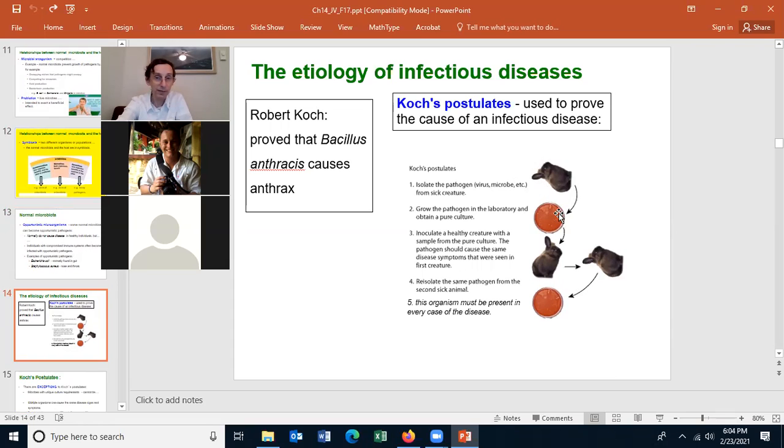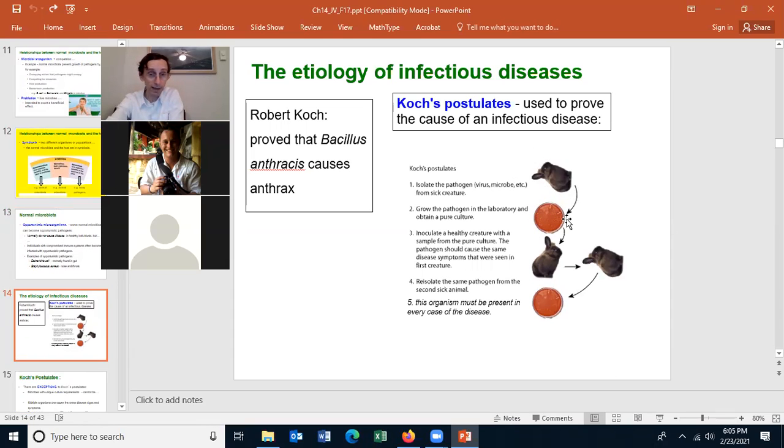So isolate the pathogen from a sick creature, and then you need to grow it up in the lab and obtain pure cultures. That's not shown, but what you do is streak it out for colony isolation 2 times, and then grow up that organism in vast numbers.